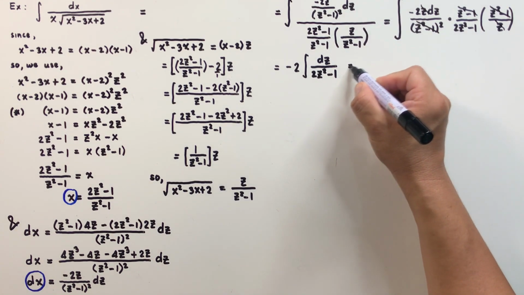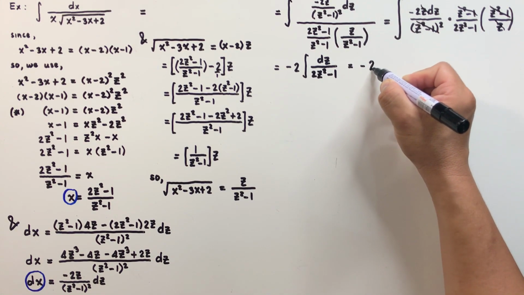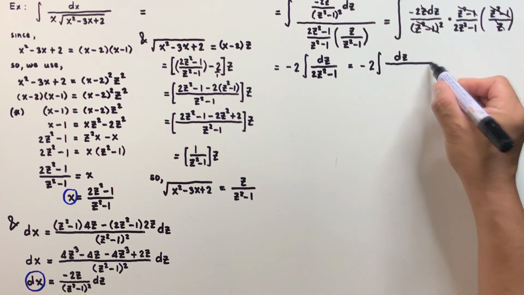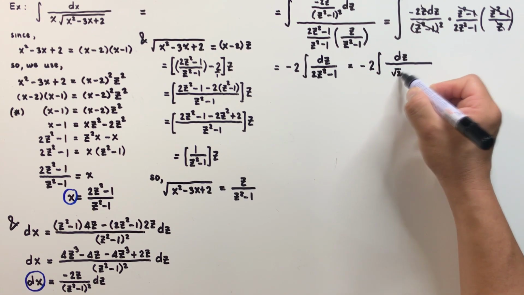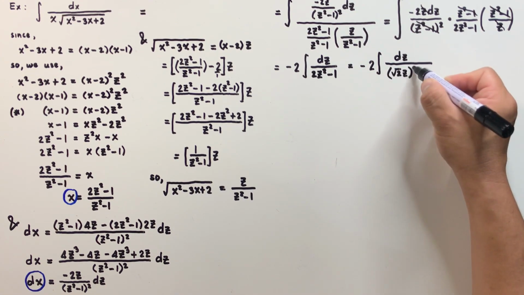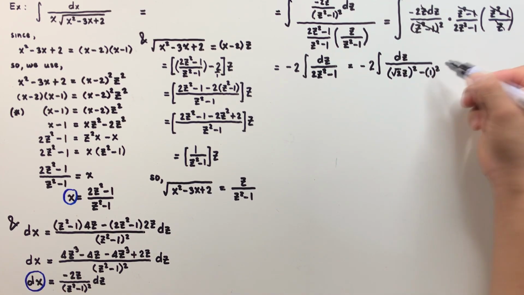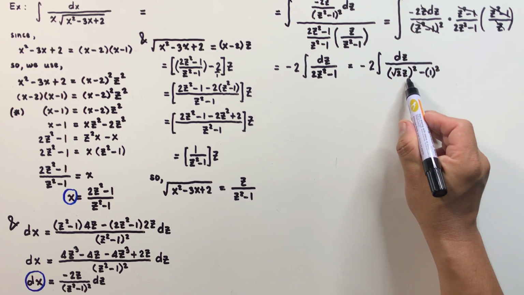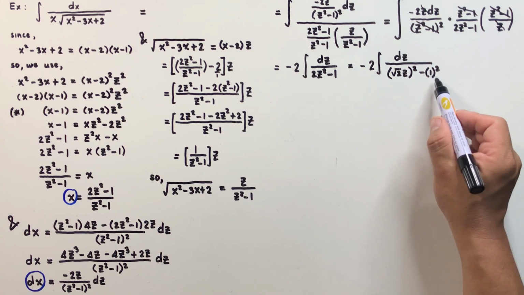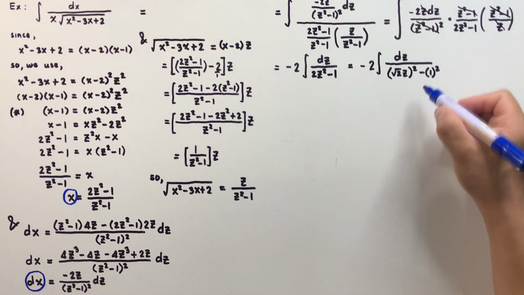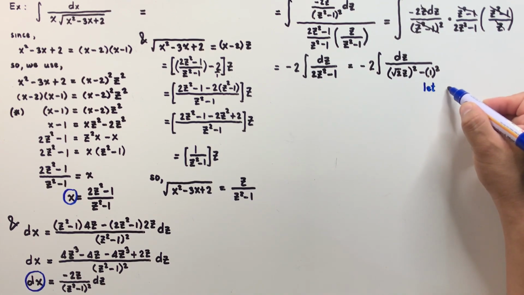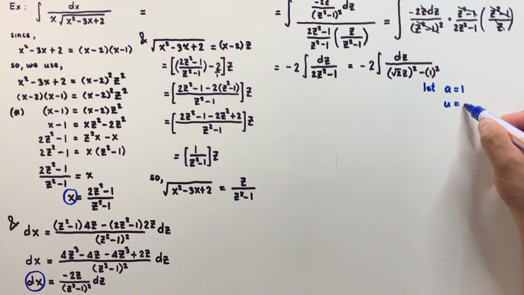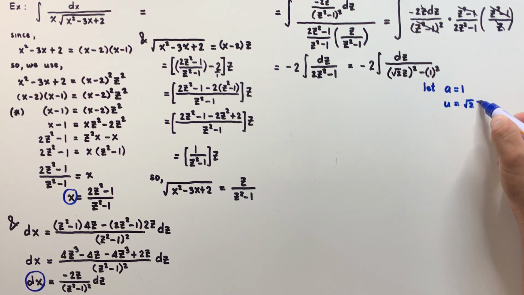But the denominator can be expressed as a difference of two squares. So we have negative 2 times the integral of dz over the square root of 2z quantity squared minus 1 squared, because this 2z squared can be expressed as the square root of 2 times z quantity squared, and this 1 can be expressed as 1 squared. So we can use our substitution a for the constant 1, and for our u we use to represent the square root of 2z.